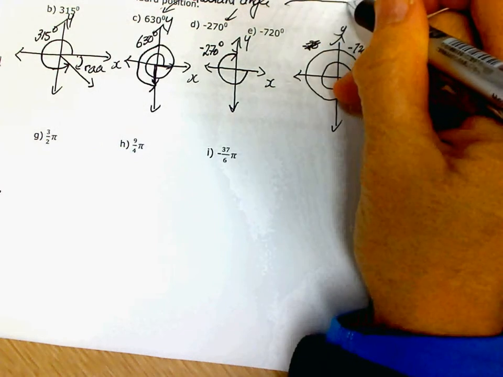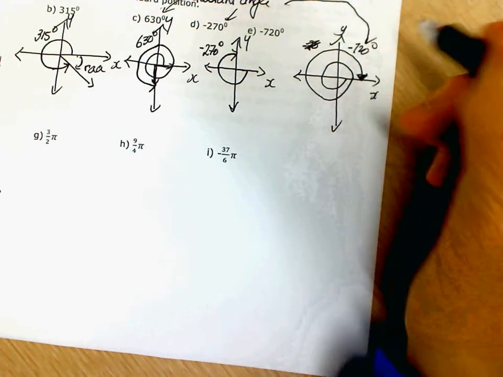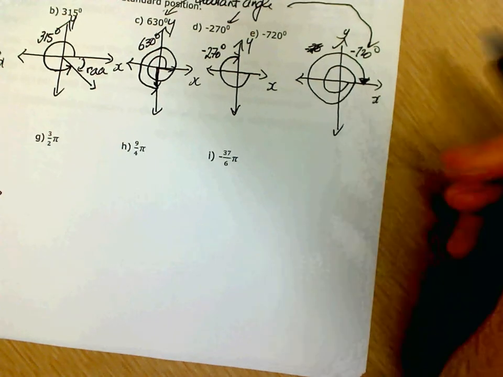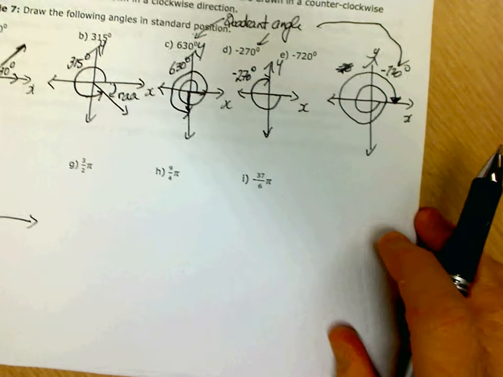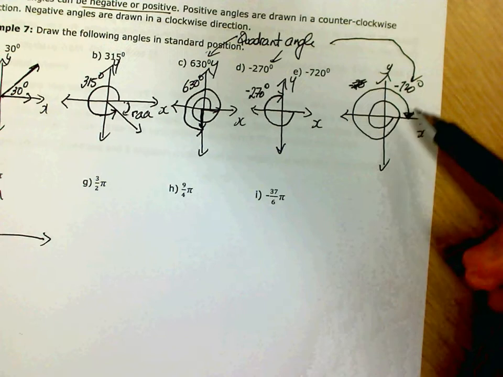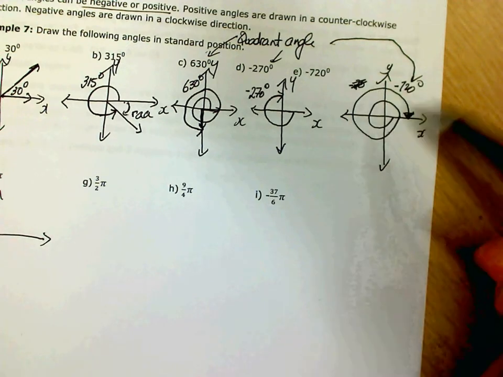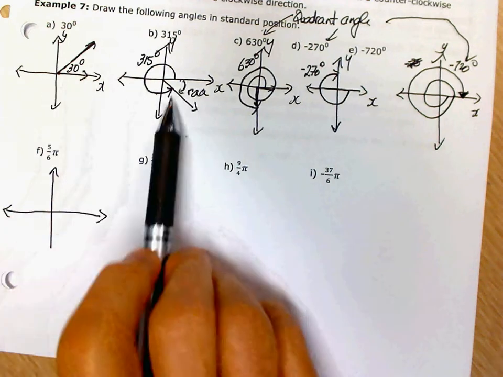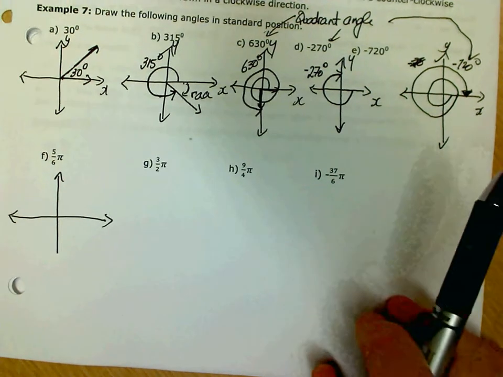This is another example of a quadrant angle because it ends up on the x-axis. So the two terminologies we've learned today are quadrant angle and related acute angle, in addition to angles in standard position.